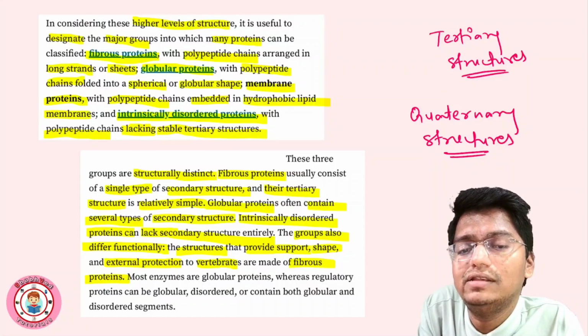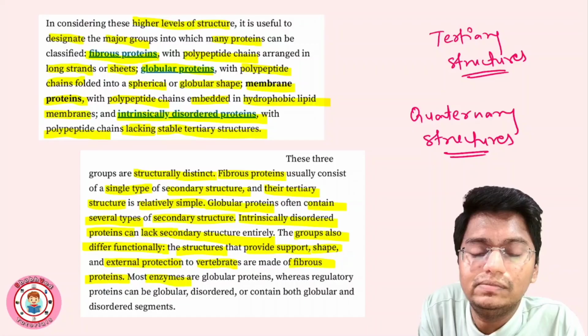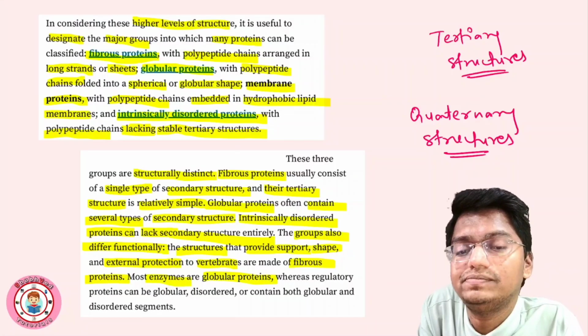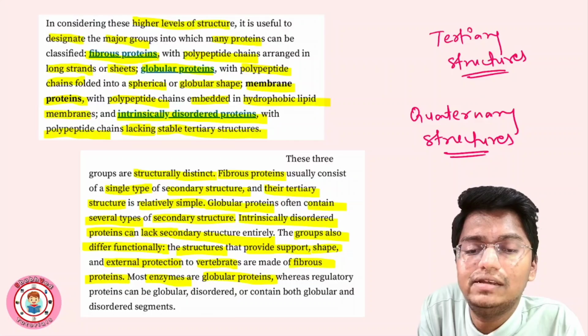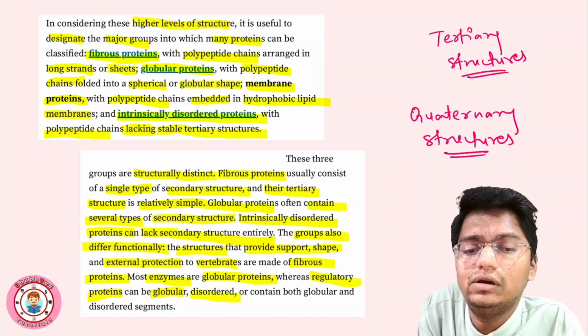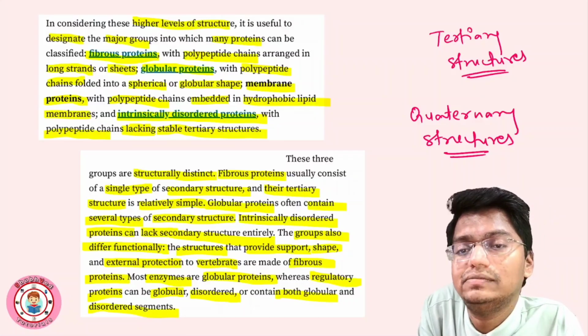Most enzymes are globular proteins, whereas regulatory proteins can be globular, can be disordered, and can contain both globular as well as disordered segments.